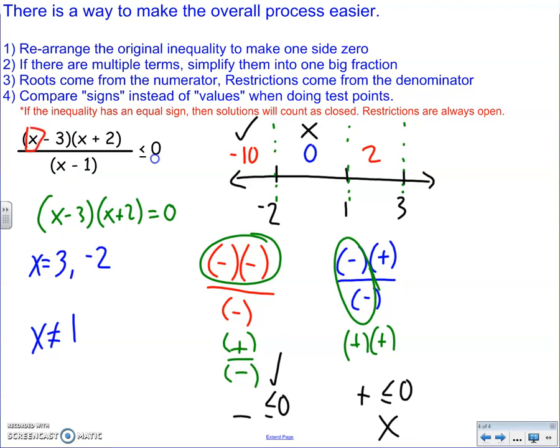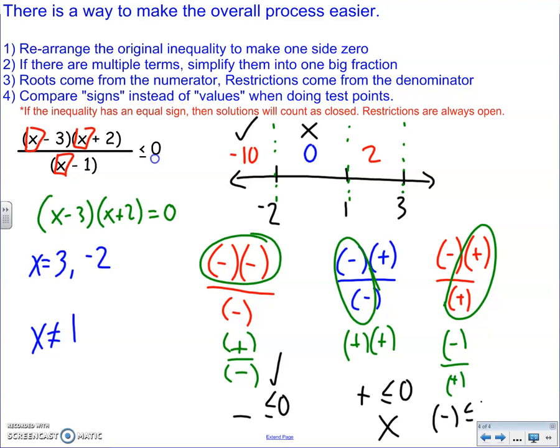Right here, right here, right here. 2 minus 3 is negative 1, which is negative. 2 plus 2 is positive 4. 2 minus 1 is positive. All right, well, positive by positive is still positive, and then a negative divided by a positive is a negative. Is a negative number less than or equal to 0? The answer is yes, true. So that's good. So parentheses around these.